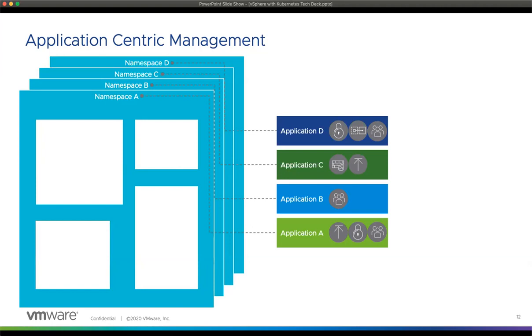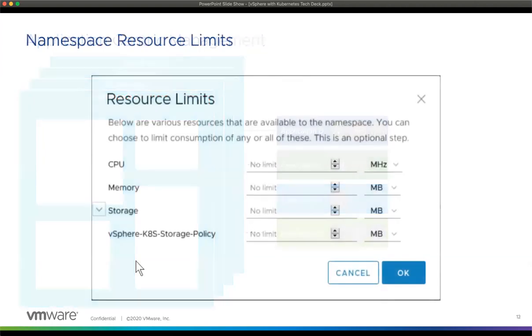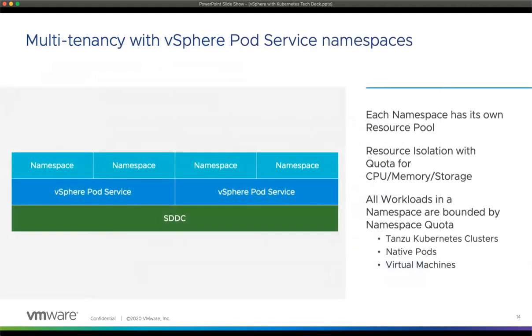You've been doing that already for many years. So for example, I can set within the namespace the resource limits of CPU, memory, storage, etc. From the multi-tenancy standpoint, as I mentioned, each namespace is its own resource pool. You have full resource isolation with quota for CPU, memory, and storage. And all workloads in the namespace are bound by the namespace quota. That means TKG clusters, vSphere pods, eventually virtual machines.